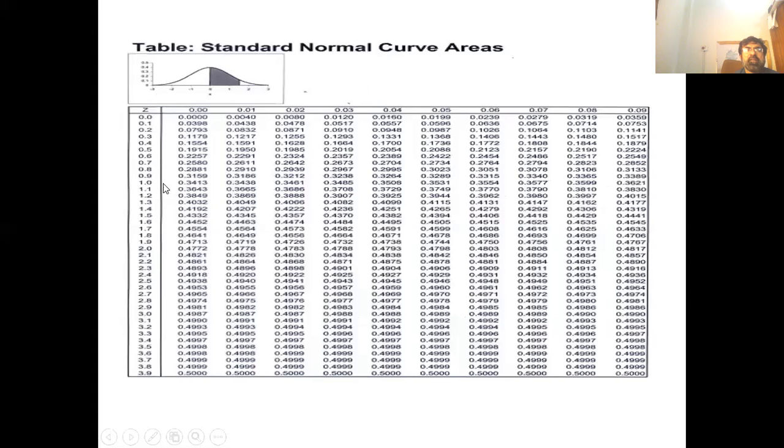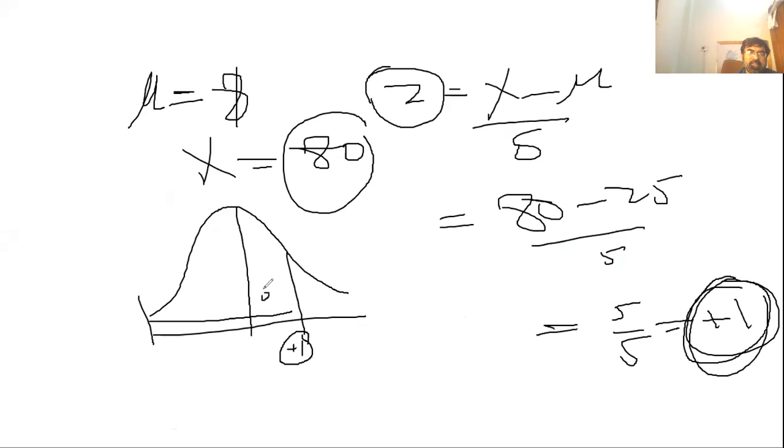For 1, the area is 0.3413. So the area over here is 0.3413. And what do we need? We need an area from here to here so that we can add up and then convert into percentage and then into percentile.